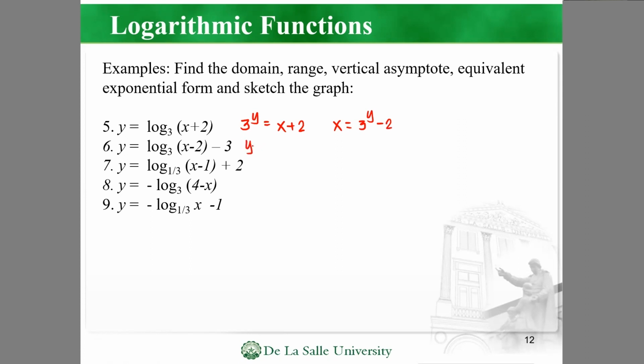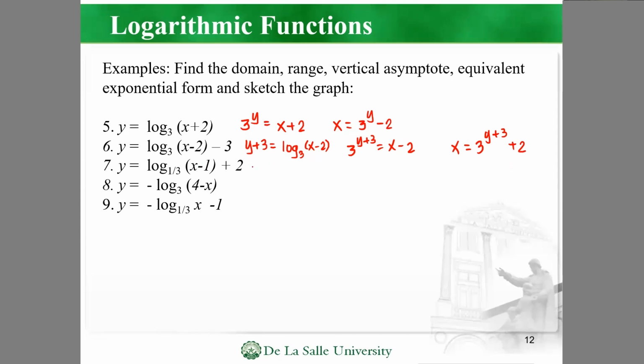Here, y plus 3 is logarithm of x minus 2. So I put the 3 on the other side first. And then I change the form. 3 to the y plus 3 is equal to x minus 2. Therefore, x is equal to 3 to the y plus 3 plus 2.